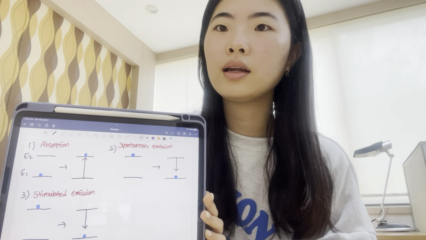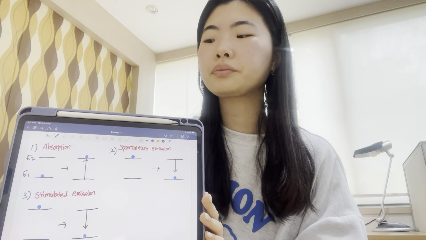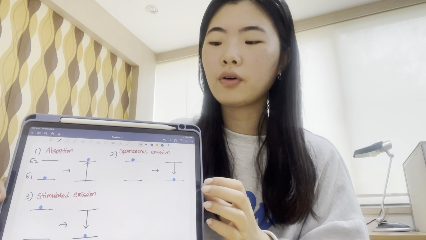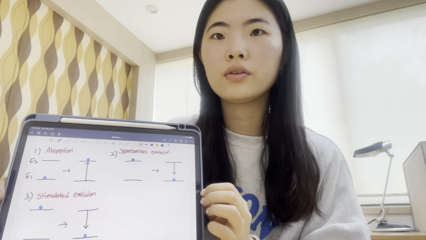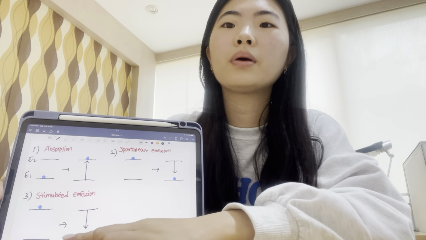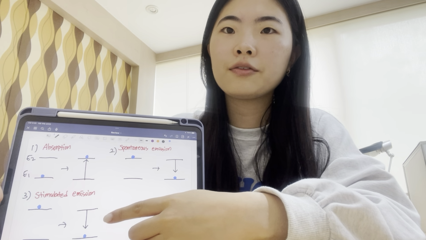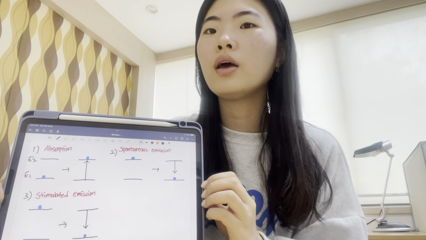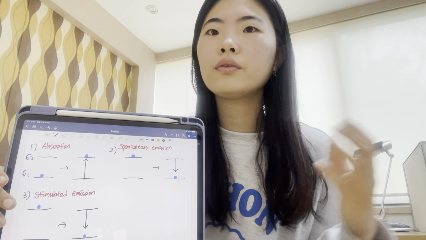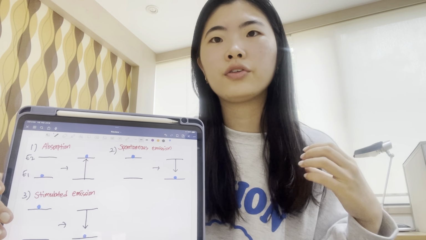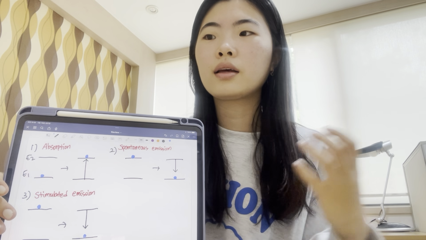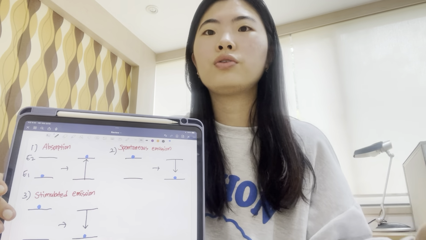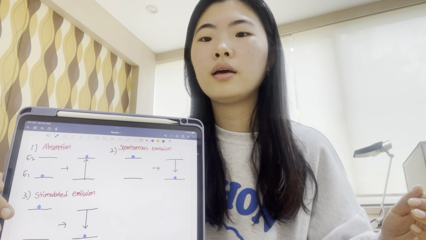And lastly, it is stimulated emission. It is different from spontaneous emission because it is not because of the electron lifetime. It is because of external energy. So if an electron gets some external energy from outside, it can lose its energy.